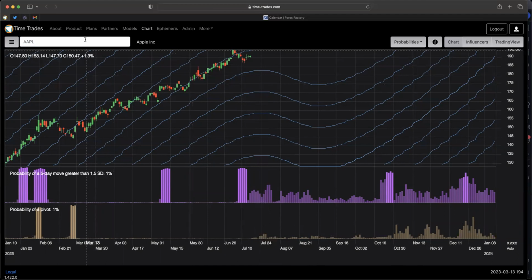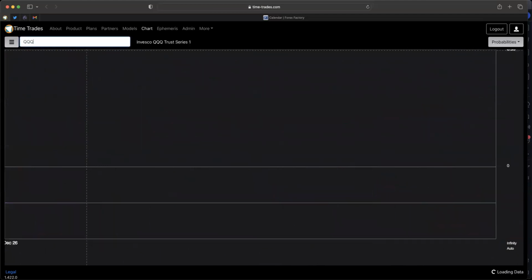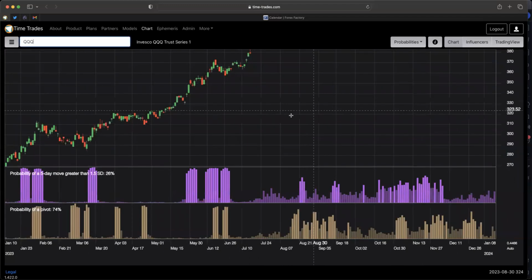So that's one example in Apple. Let's take a look at the Qs. Increasing probabilities of a move, and we've got little bumps in pivots, July 21st, August 2nd, but then a big spike on August 18th.